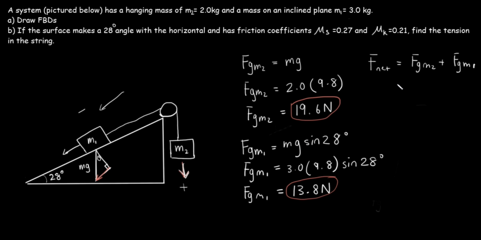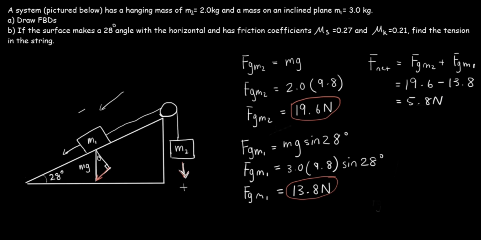M1 equals to 19.6. This is positive since it's going in the positive direction, and this is going to be negative since it's going in the negative direction. And if we subtract it, we get a net force of positive 5.8 newtons.